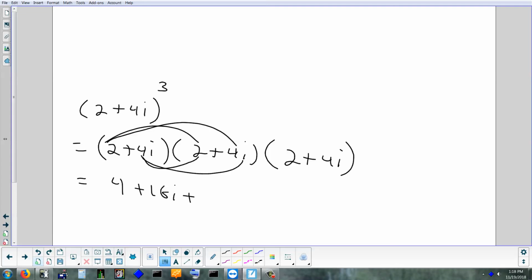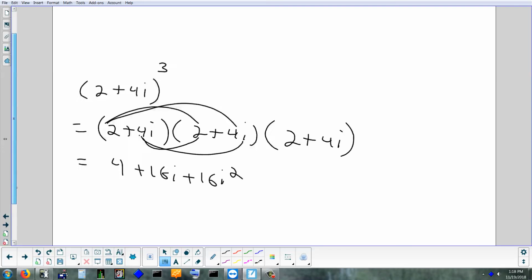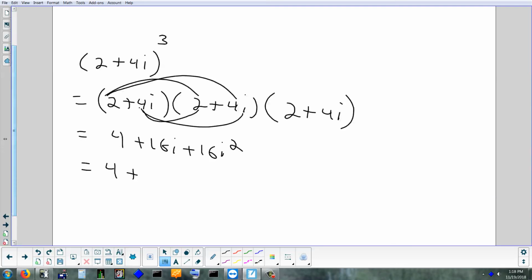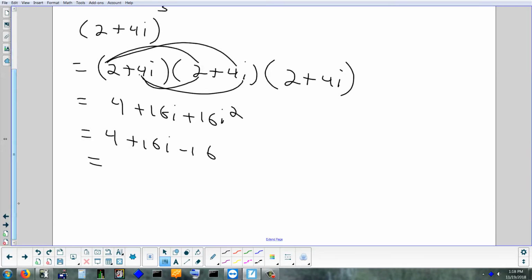Positive times positive is positive. 4 times 4 is 16, and then i times i is i squared. So that's going to give me 4 plus 16i. What's i squared again? It's negative 1, times 16 is negative 16. And 4 minus 16 is negative 12 plus 16i. So that's what you get when you FOIL the first two.